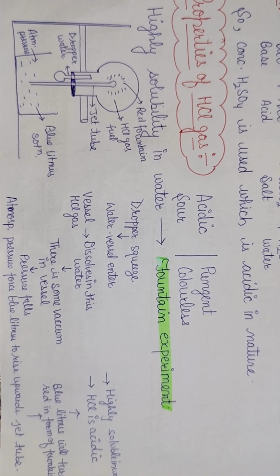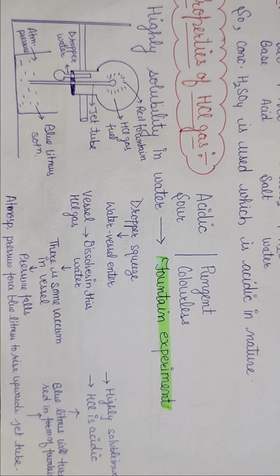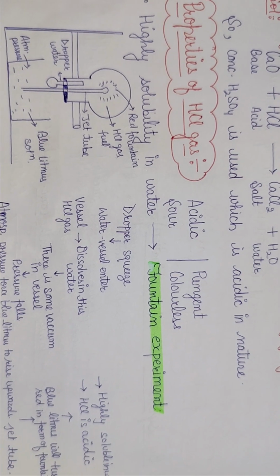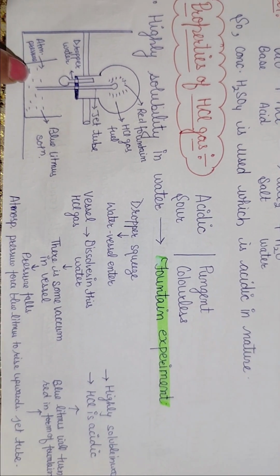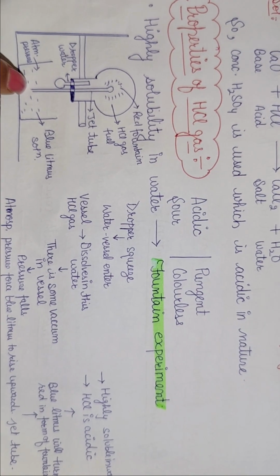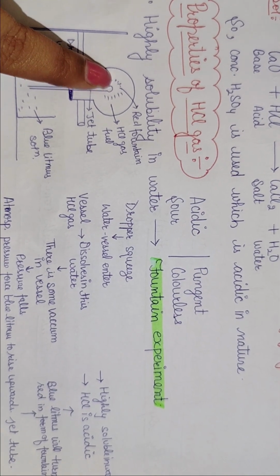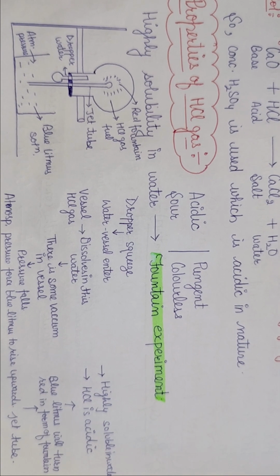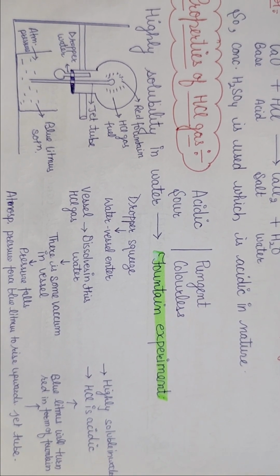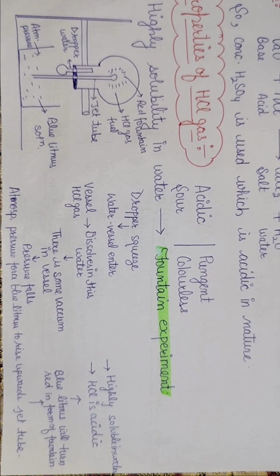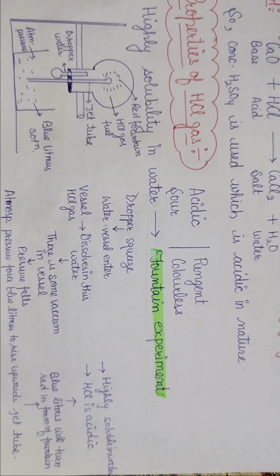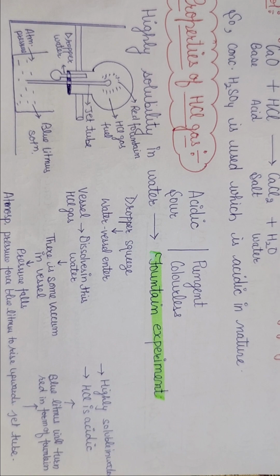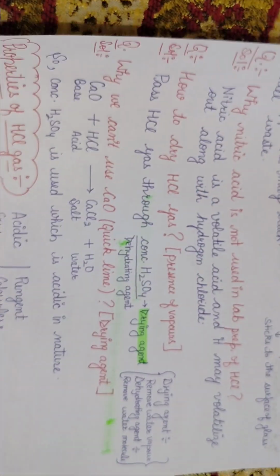So the atmospheric pressure pushes the blue litmus solution to rise upward in the jet tube. Through this jet tube it enters this vessel, and because HCl is acidic in nature, the red fountain occurs, and this blue litmus will turn red. It will prove that HCl is highly soluble in water, as well as that HCl is acidic in nature.